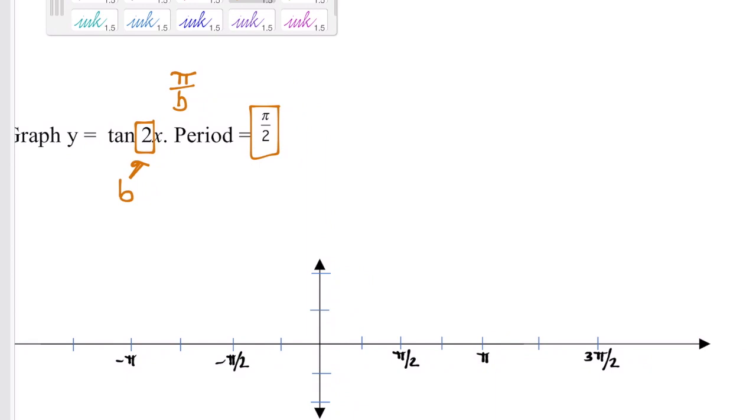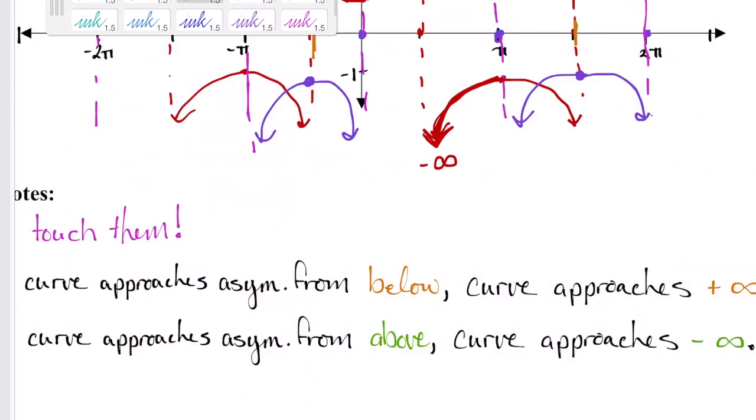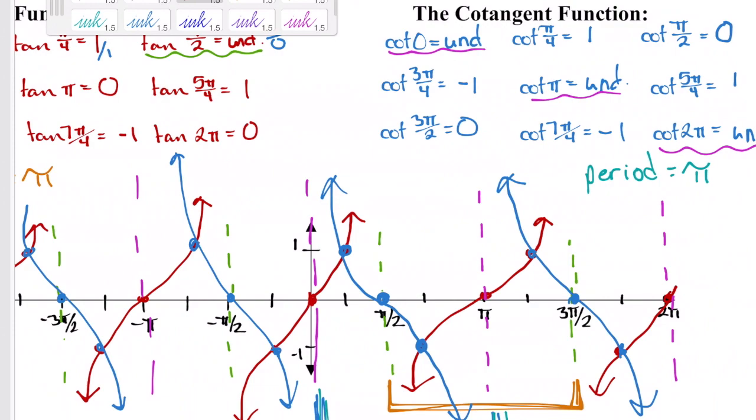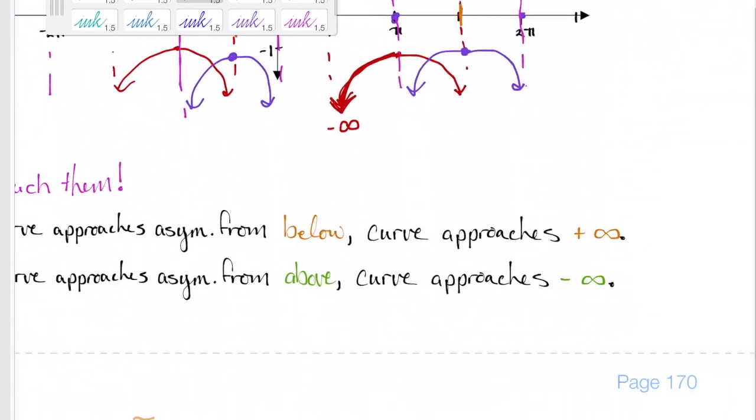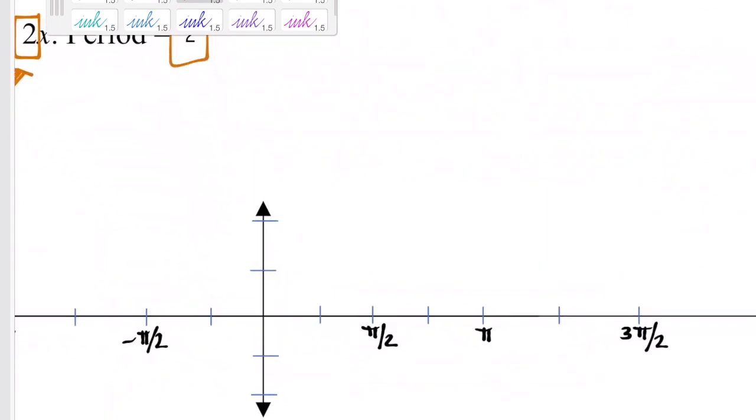So that means everything's going to be squished when it comes to our tangent. So my asymptotes where tangent was normally at pi/2, it's now going to be squished in, so I'm going to divide that by 2, and it's going to be at pi/4. So everywhere it normally was, I'm going to cut that in half, or divide it by 2, and it's going to be squished in. So instead of being every pi, it's going to be every half pi.